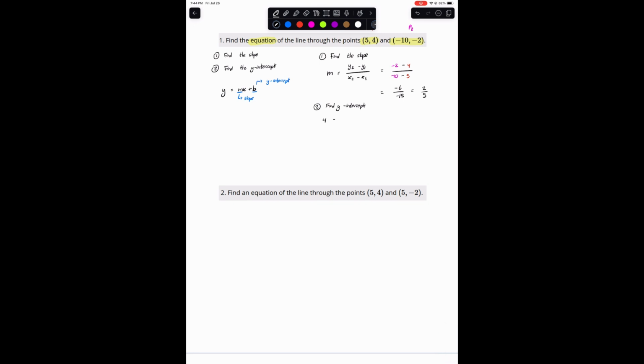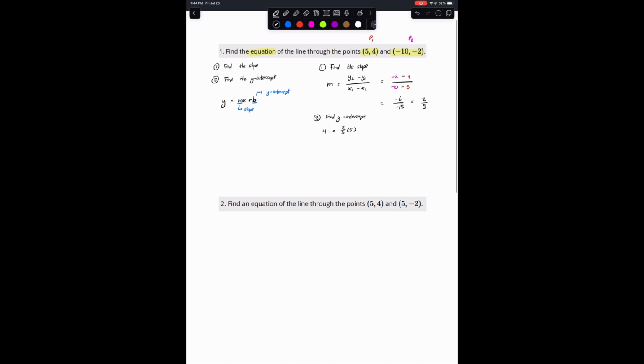So 4 equals our slope 2/5 times x, which is 5, and then we add in b. So again we plugged in point 1, right? And now we can solve.